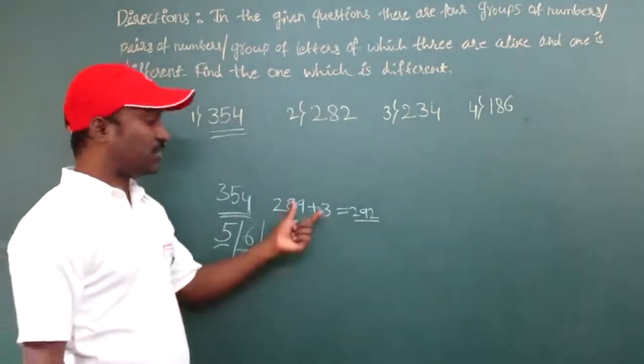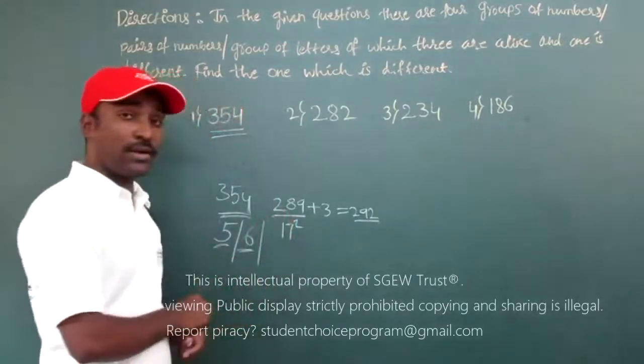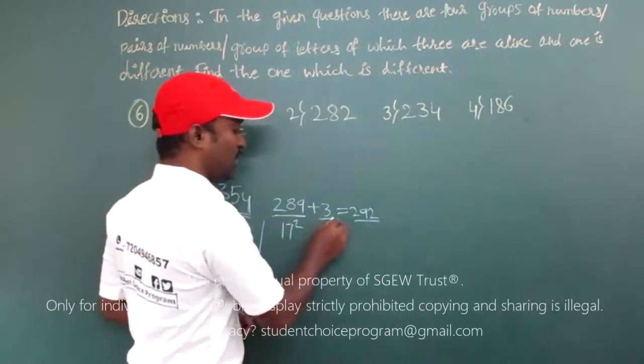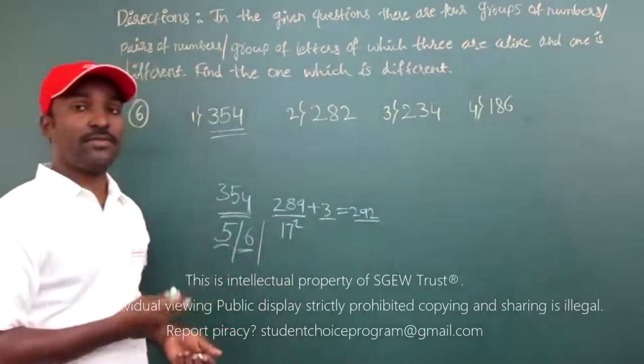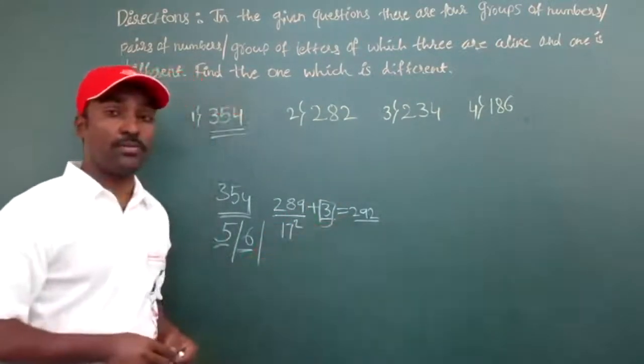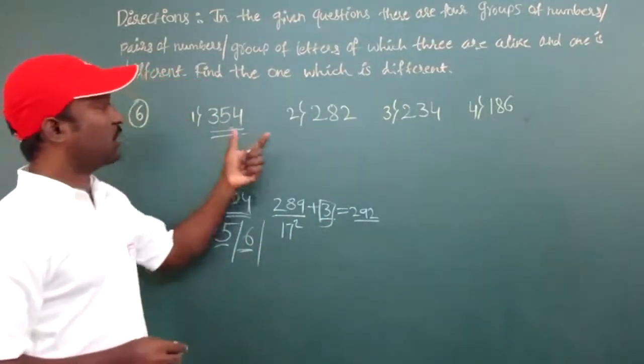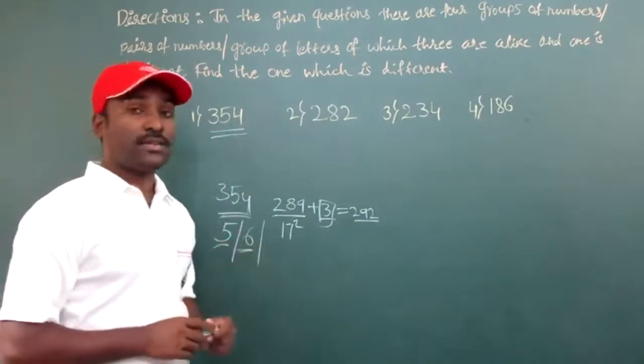So such types of numbers will be given. First they will take a square number, and then they will add a particular number. It may be 3, 5, 6, 7, or even a perfect square number or perfect cube number. Such a relation may be given. But by observing the given numbers, I am not going to get any such relations.